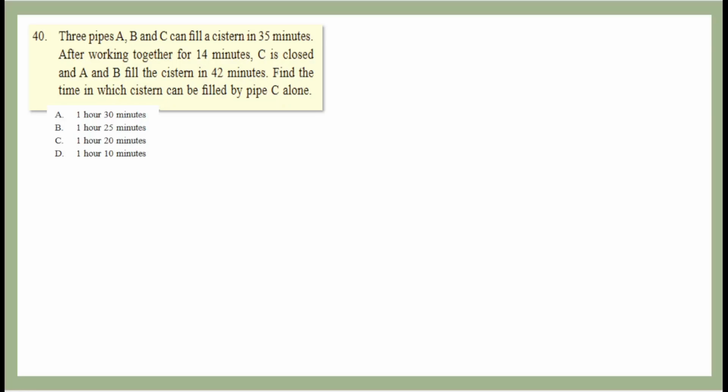Next, fourth one, 3 pipes A, B and C can fill a system in 35 minutes. After working together for 14 minutes, C is closed and A and B fill the system in 42 minutes. Find the time in which system can be filled by pipe C alone.